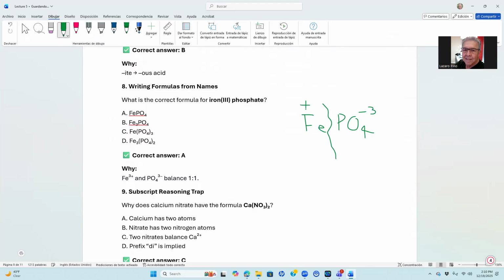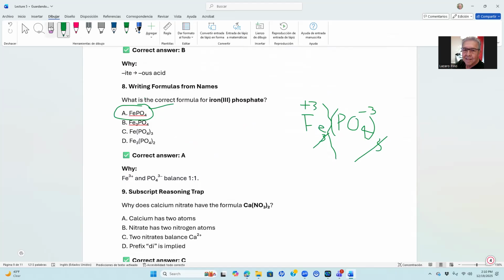Oh, of course, positive 3, because positive 3 and negative 3 cancel out, and you get a neutral compound. Then which one is the formula? Well, you're not going to put a 3 here and a 3 here because they cancel out. So it's just FePO4. The answer is A.